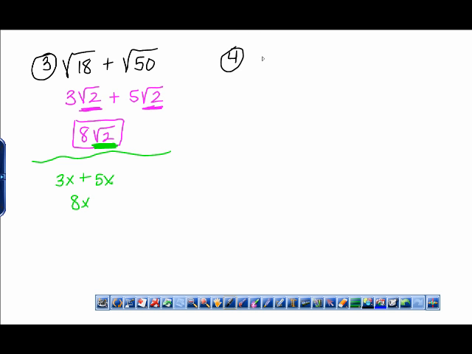Let's move on to the next example. 2x cubed times the quantity of 5xy, all divided by 20xy squared. Okay, so we have a couple of ways to do this, but probably the way most of you are going to want to do this, and the way I'm going to work it out, is to go ahead and simplify the top.